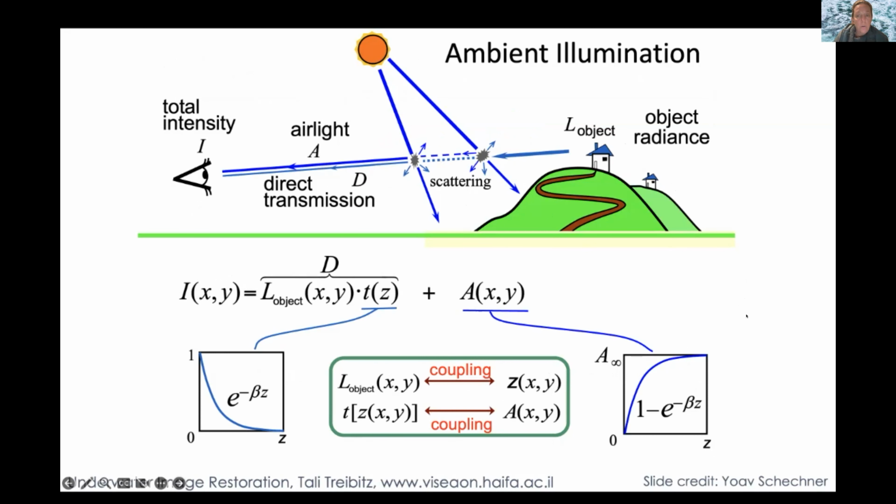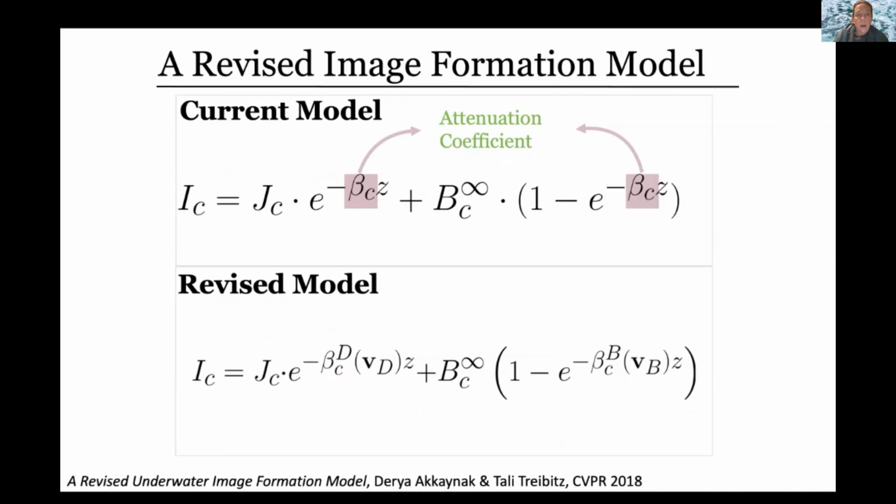If you use the haze model underwater, it reduces errors. It's not true, it's just an approximation. Like every approximation, you get errors when the approximation is not correct. And we suggested a model that is more accurate and also has approximations, but fewer.